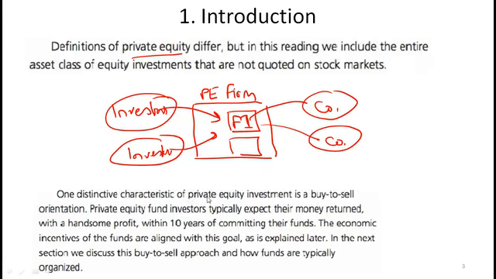One distinctive characteristic of private equity investment is a buy to sell orientation. Private equity fund investors typically expect their money returned with a handsome profit within 10 years of committing their funds. The economic incentives of the funds are aligned with this goal, as is explained throughout this reading. In the next section, we discuss this buy to sell approach and how funds are typically organized.